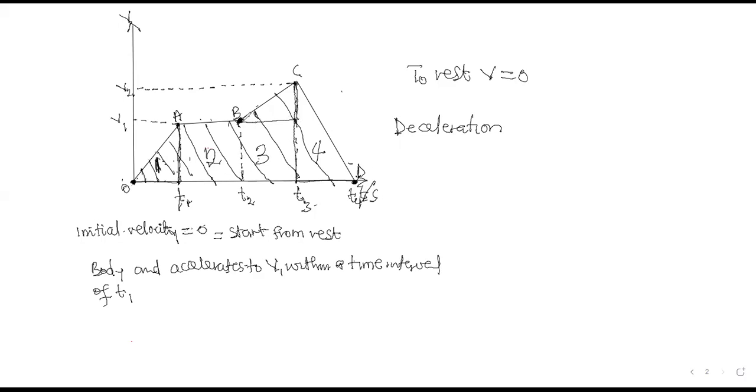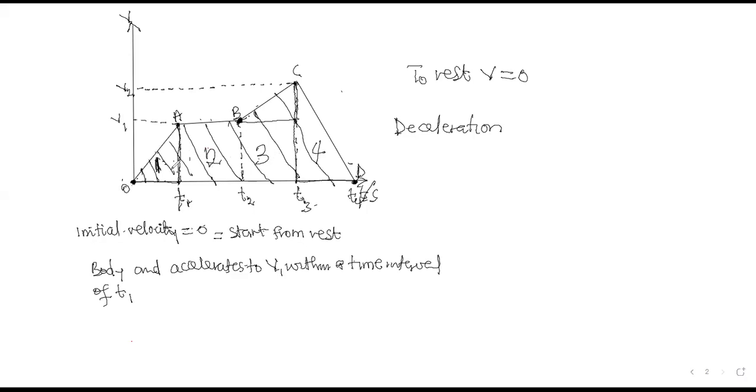If you want the uniform acceleration from B to C, find the slope. If you want the uniform deceleration from C to D, find the slope. However, if you have to find the total distance during the whole motion, find the area under the velocity time graph.